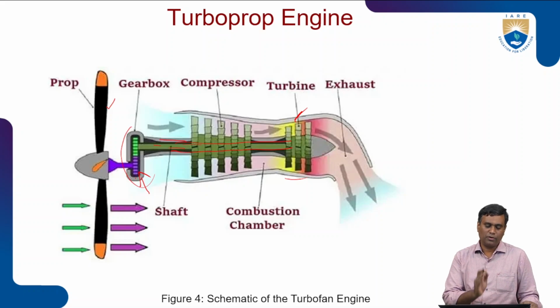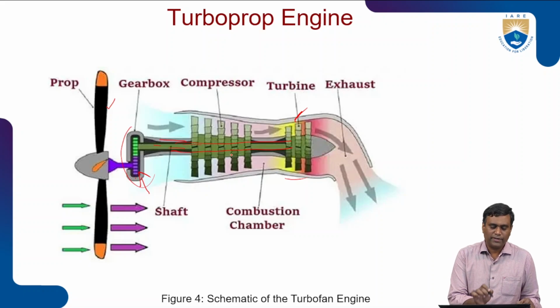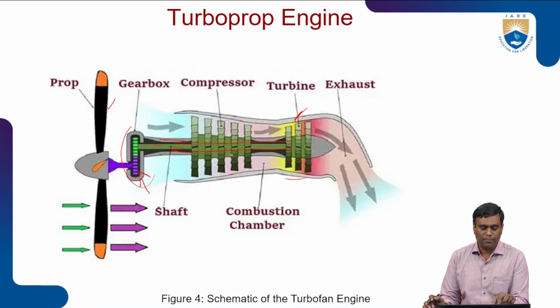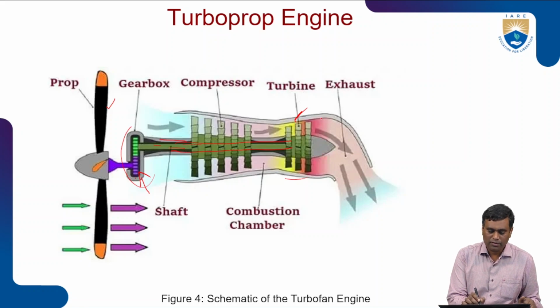So there are two possibilities in every case. In this type of engine, it could be directly connected, whichever shaft is directly connected to the compressor, then you can directly connect it to the reduction gearbox and propeller. That is one thing. Otherwise, a free turbine or power turbine, that type also is possible. Here is another turbine.